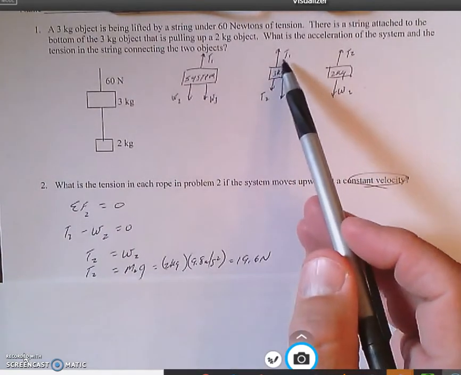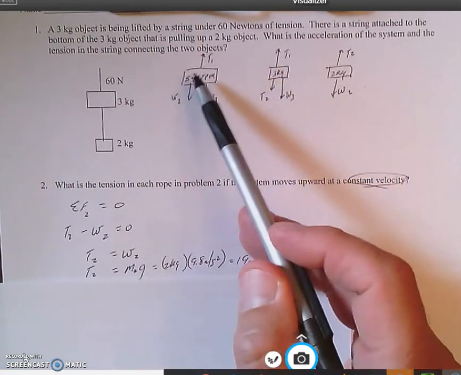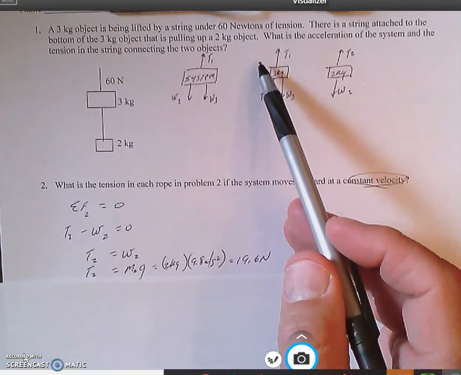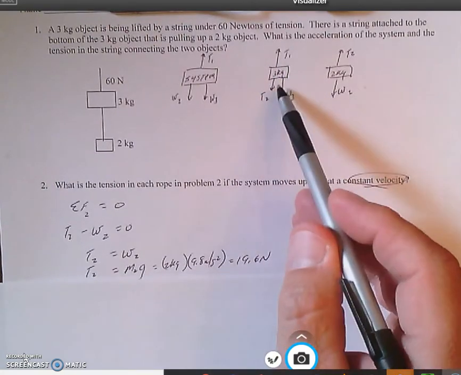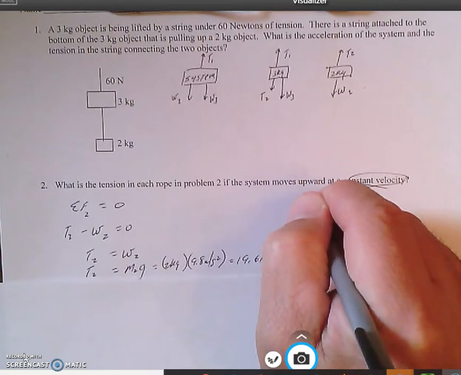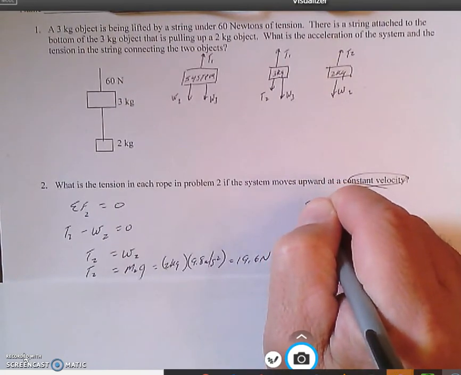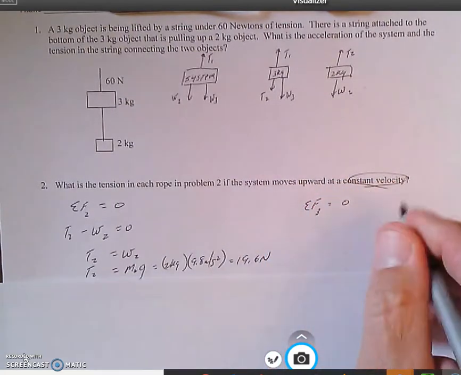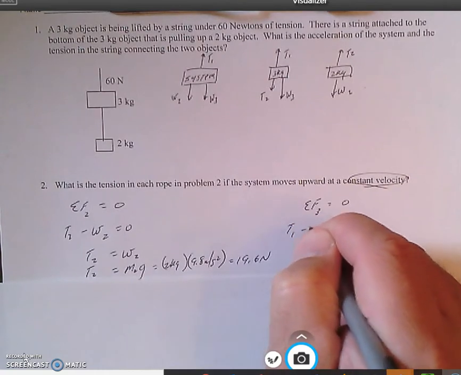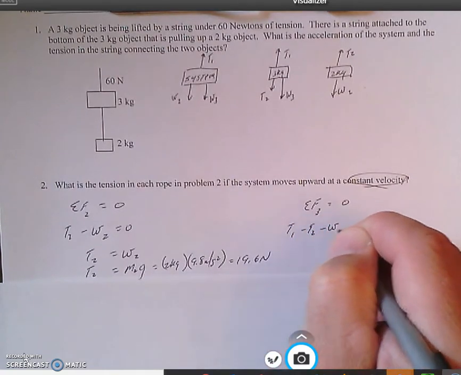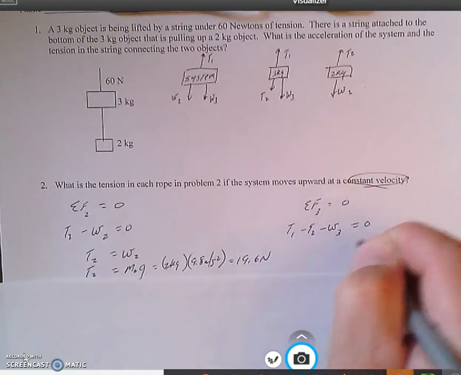Now, we got to find T1, so we could go either here or there. It really doesn't make any difference, right? So let's go here to question number 3. The sum of the forces on the 3 kilogram object must equal 0. So T1 minus T2 minus the weight of that 3 kilogram object must equal 0.